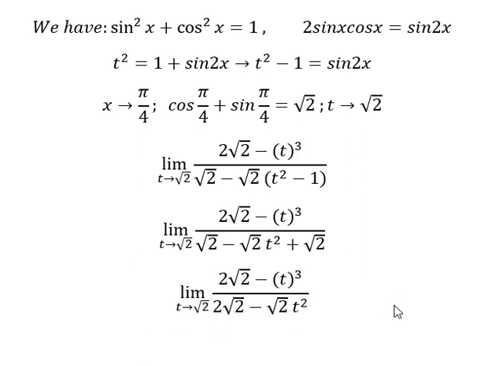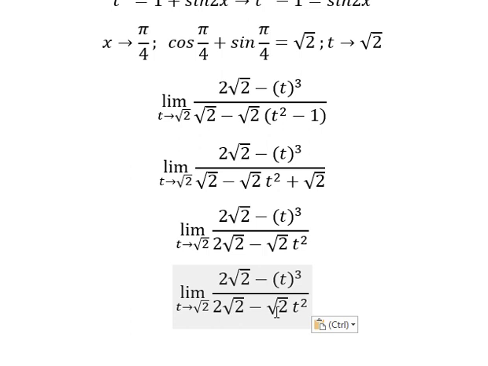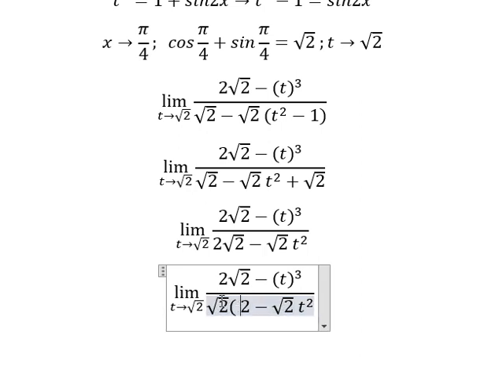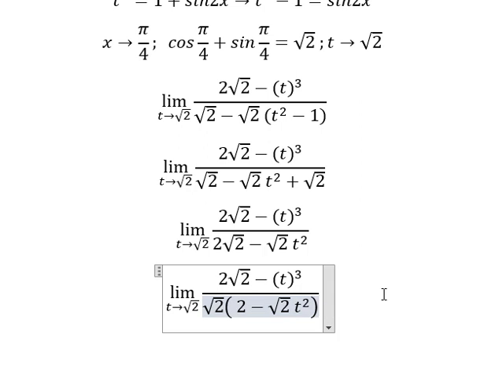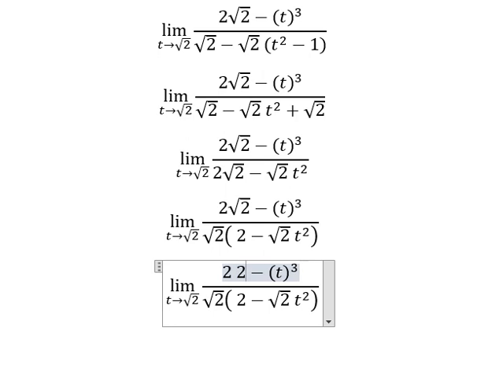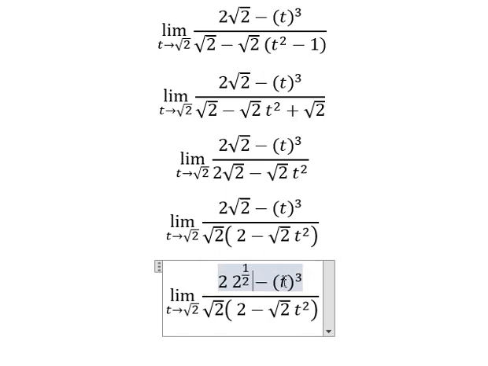Now, the square root of number 2 and the square root of number 2, we can do factorization. Next, the square root of number 2 is number 2 to the power of 1 over 2, and number 2 is number 2 to the power of 1.